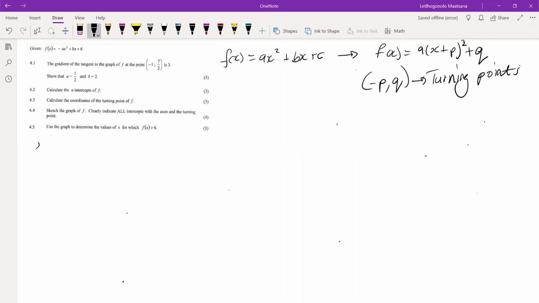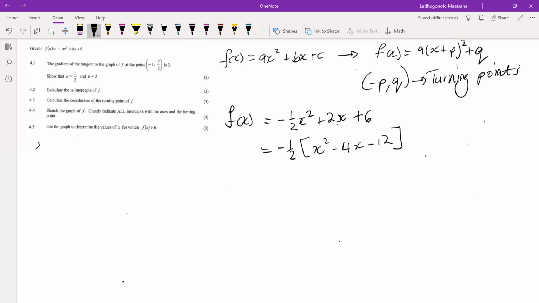So let's go ahead and rewrite our equation. f of x is equal to negative 1 over 2 x squared plus 2x plus 6. The first thing we're going to do is take out the negative 1 over 2 as a common factor, and we'll get x squared minus 4x minus 12 here.